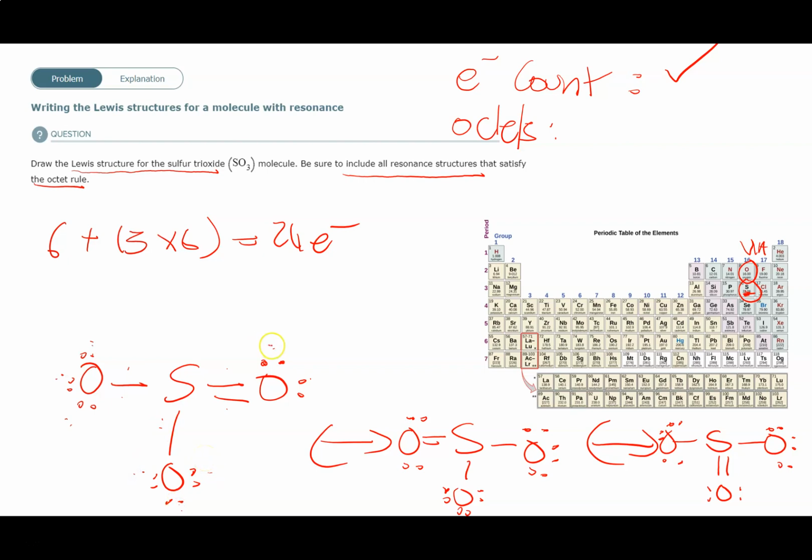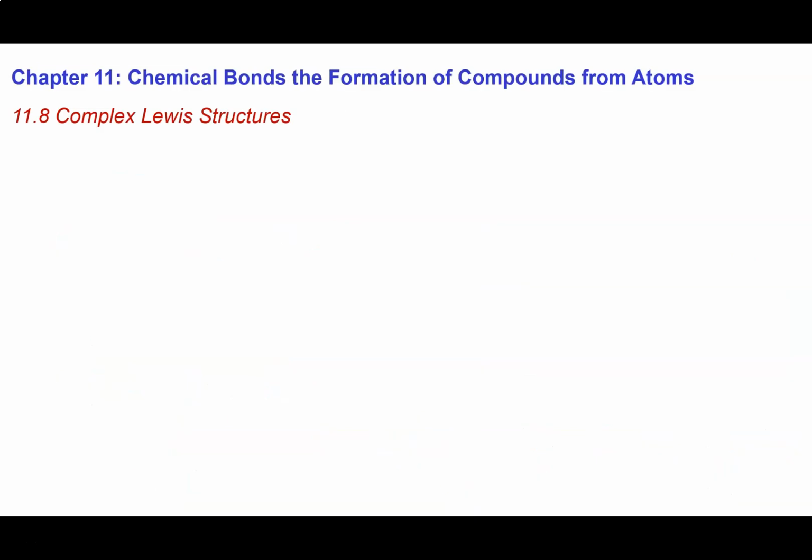That oxygen is good. 2, 4, 6, 8. That oxygen is good. And then the central sulfur, 2, 4, 6, 8. So octets are good. So 2 single bonds to the oxygens with 3 lone pairs on those oxygens, and 1 double bond with 2 lone pairs on that oxygen is good. So all 3 of these Lewis structures are definitely good. They all satisfy the octet rule. They all have the correct number of electrons.